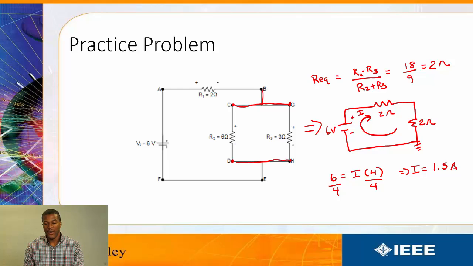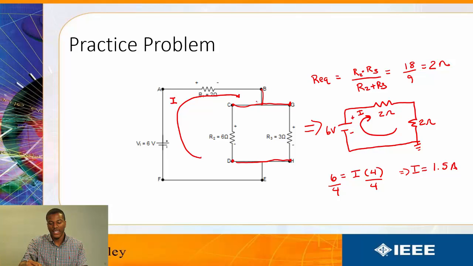Now we can use this current to find the voltage drop across each individual resistor. If we draw the current on the respective circuit, it will look something like this. So this current is the current that we just derived at 1.5 amps.